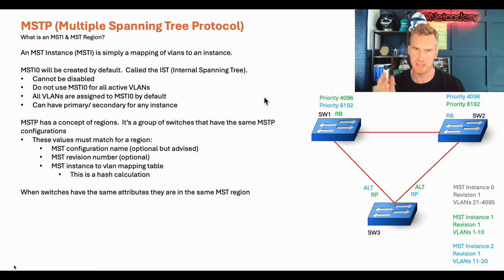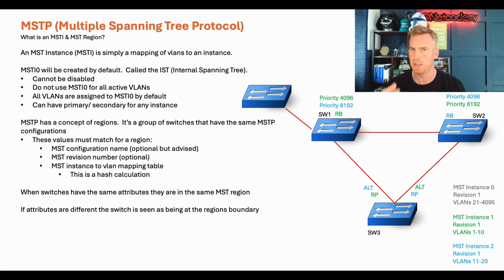Pretty interesting. So as I've said quite a few times, those attributes, those configurations, those values have to match for each one of those switches to be in the same region. If you have a switch that doesn't have the same values, whether it be the same configuration name, the same revision number, or the same instance to VLAN mapping, so MSTI1 having VLANs 1 to 10, and MSTI2 having VLANs 11 to 20, so say it's configured differently just for that one attribute, then it's going to be recognized as being in a different region.